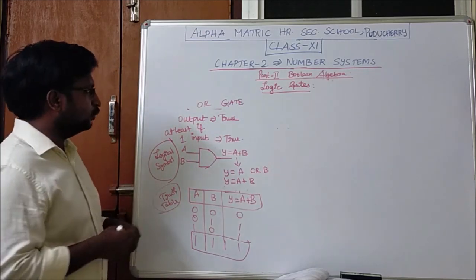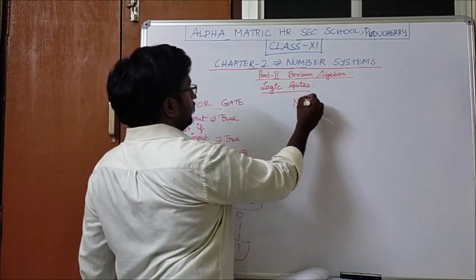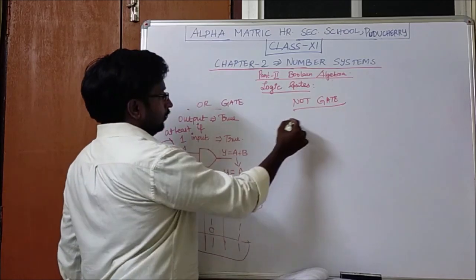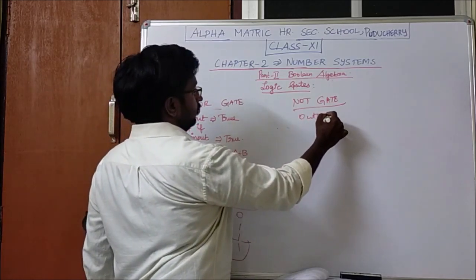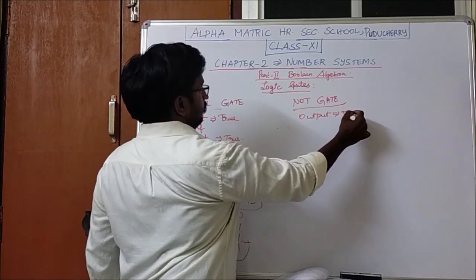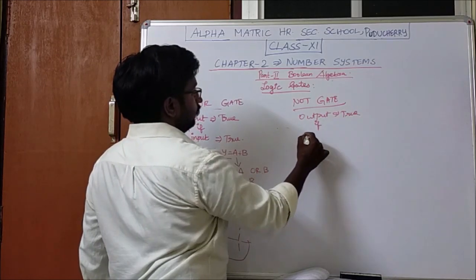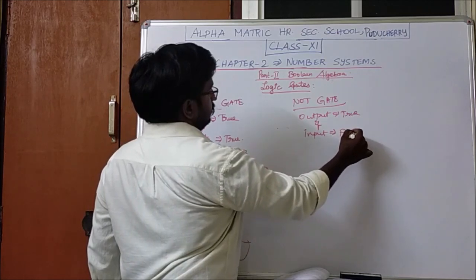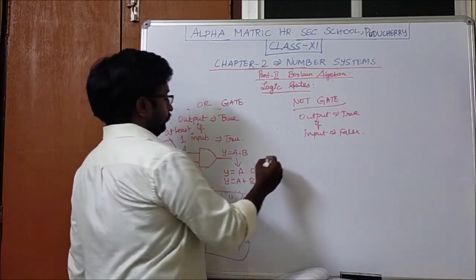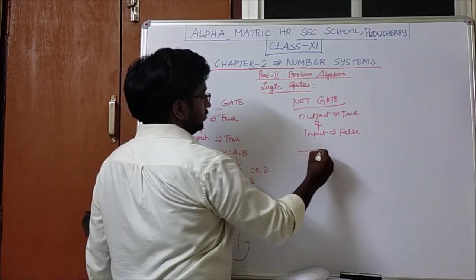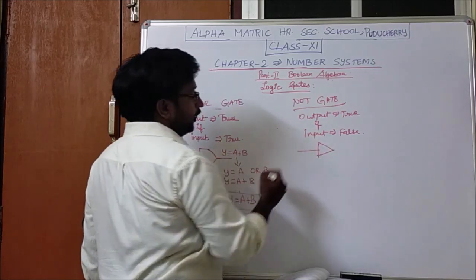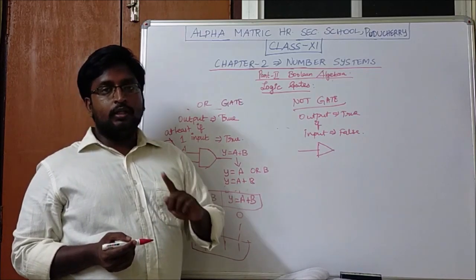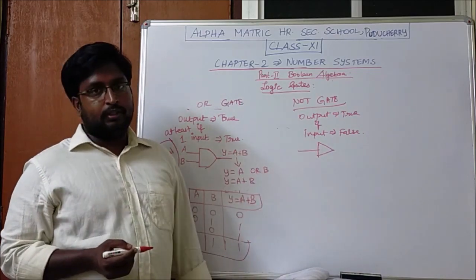And the next one is the NOT gate. We know that it is inverse. Output is true if the input is false. That is opposite. The logical symbol is, as we have already told in the logical operator, you will have only one input for the NOT operator.